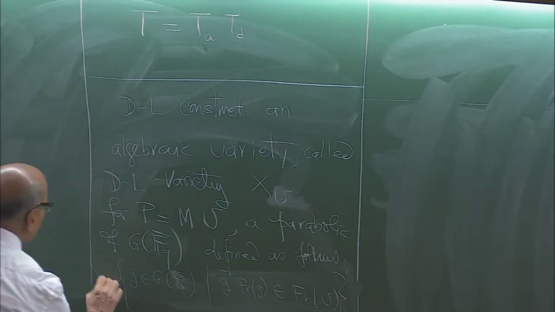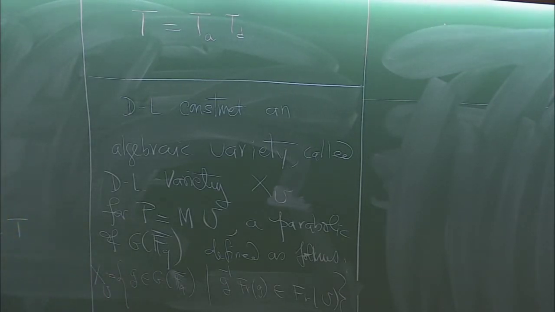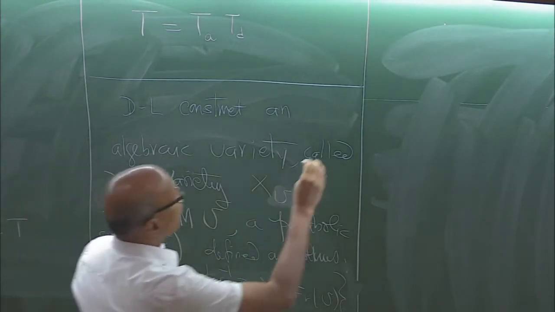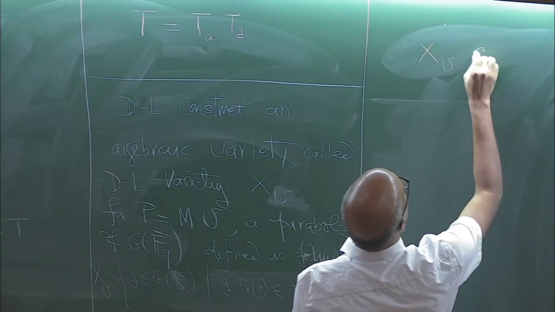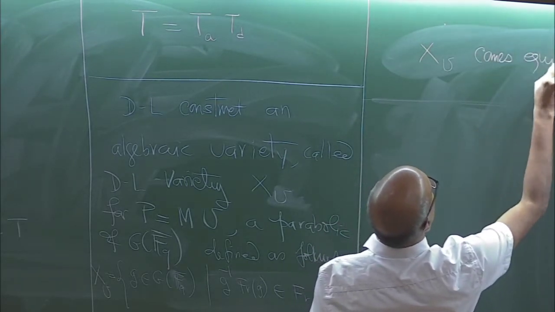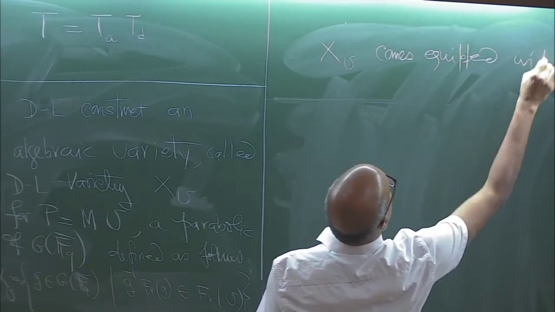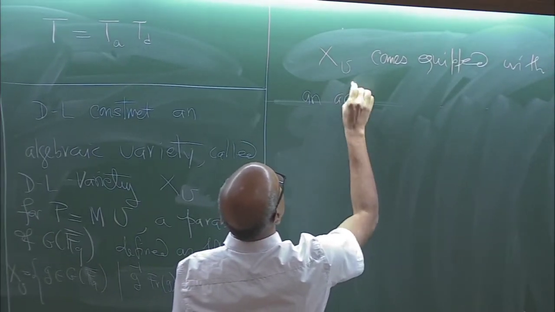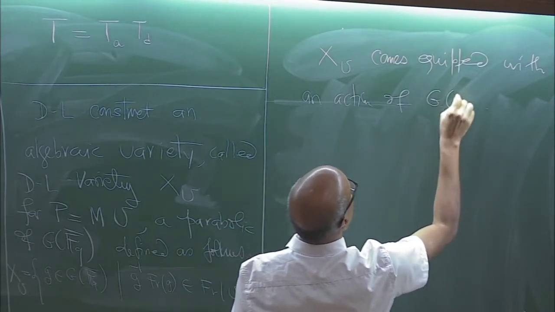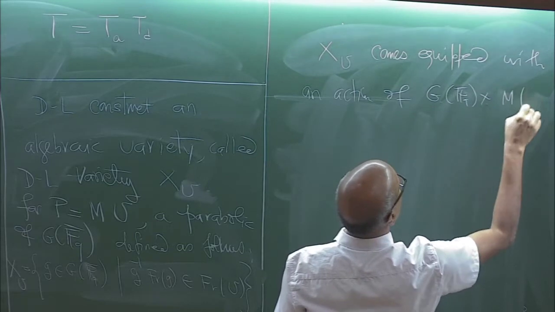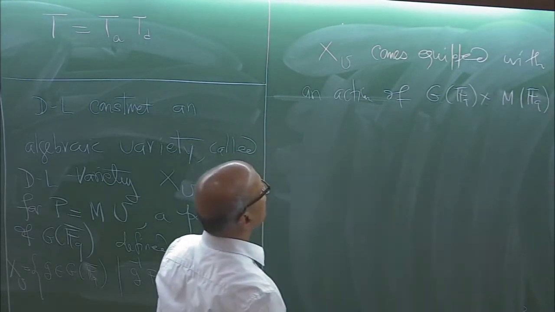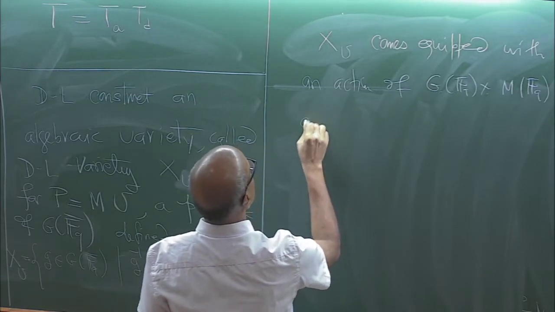So this is the variety X_U, and this is a closed affine subvariety of G(F_q bar), and they look at its compactly supported l-adic cohomology, and the point is that X_U comes equipped with an action of G(F_q) cross M(F_q), and therefore the cohomology also has this action.